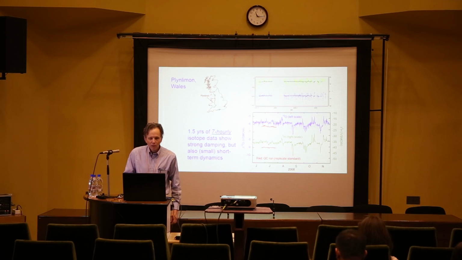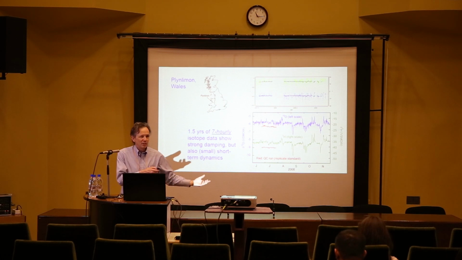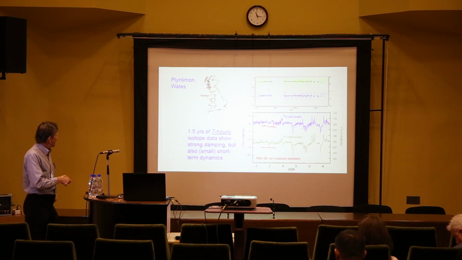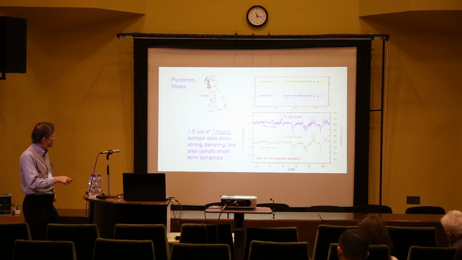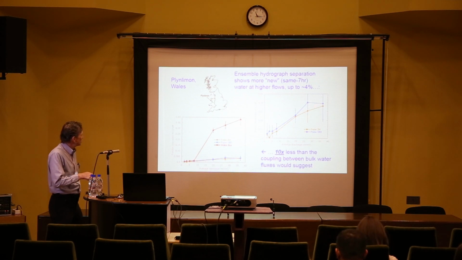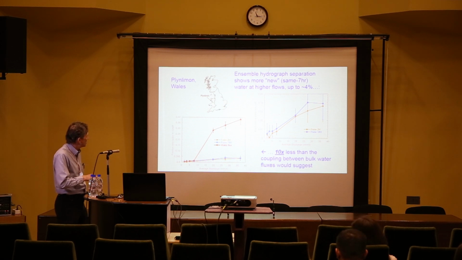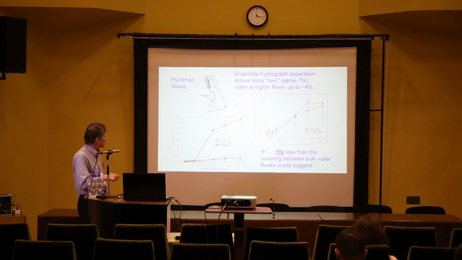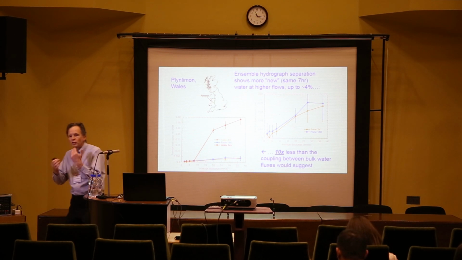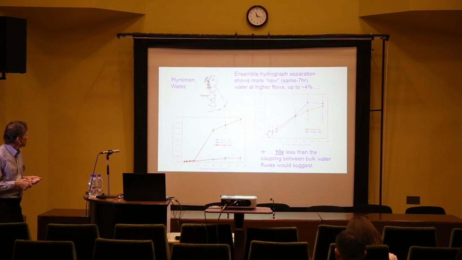Okay. Here we go back to that place, Plinlimmon in Wales, where we have about 1.5 years of isotope measurements every 7 hours, with all kinds of really rich detail in those variations. And we can apply the same sort of analysis here. And we should see that at Plinlimmon, as you go from low flow to high flow, the fraction of new water, and this means now new in the last 7 hours, only rises to about 4%.